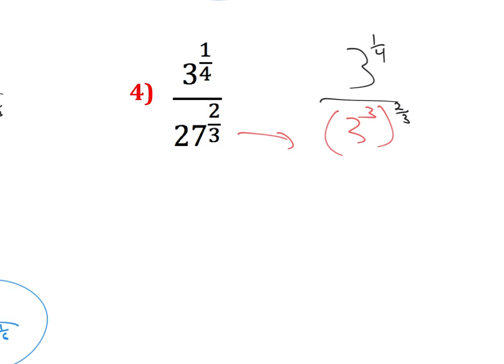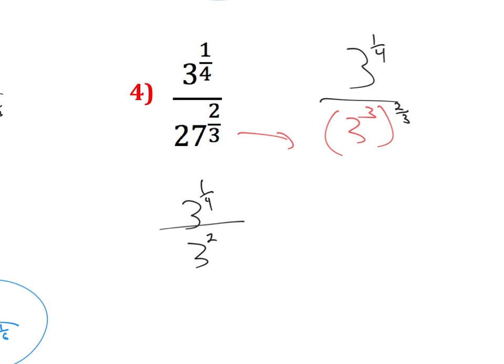So if I clean this up a bit, this would be 3 to the 1/4 over, let's see, 3 times 2/3. That'd be 3 times 2, which is 6, divided by 3 is 2. So divided by 3 squared. Another way to think of that is the 3's essentially would just cancel each other out and turn into a 1.